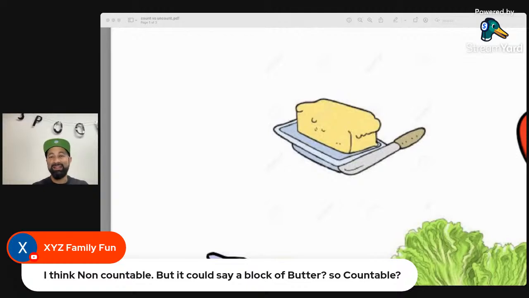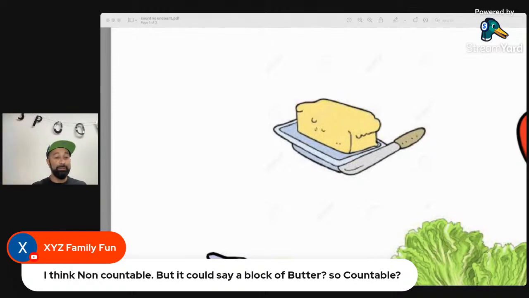Now, any uncountable noun can become countable. Okay, so I'm going to repeat that. Any uncountable noun can become countable. As long as we add a countable unit, then that uncountable noun can become countable.